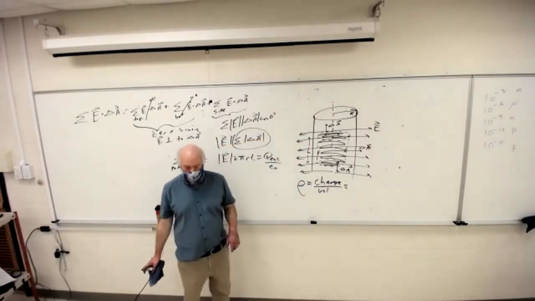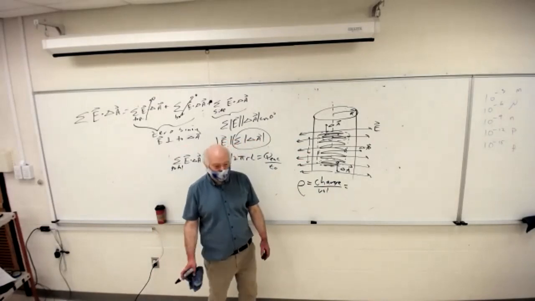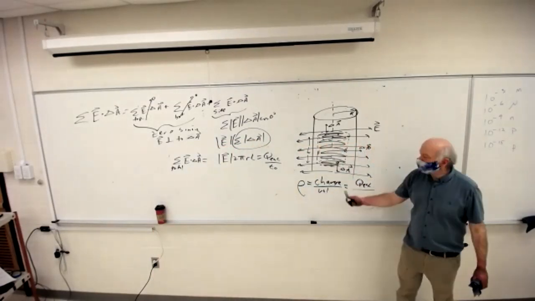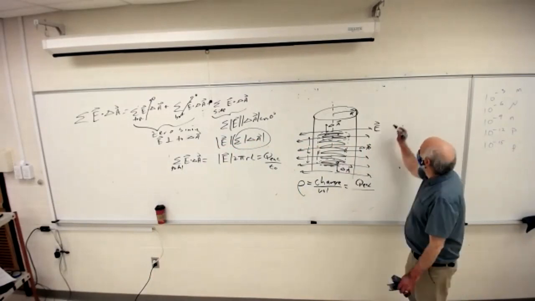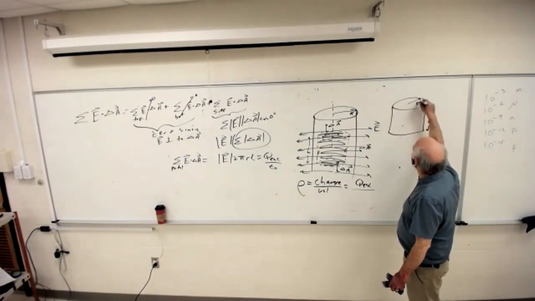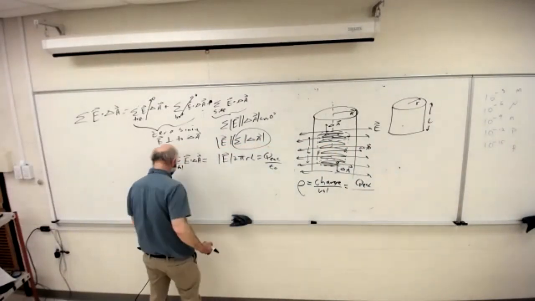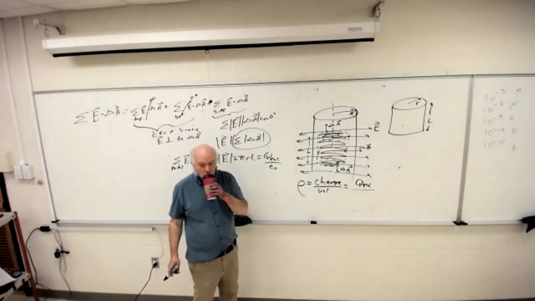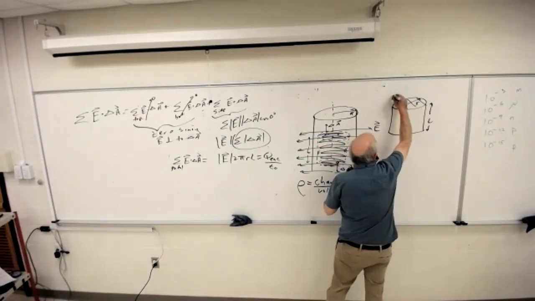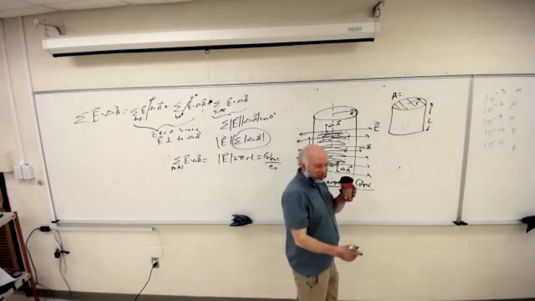What is the charge enclosed inside our Gaussian surface? Q enclosed. Now you need the volume of a cylinder. What's the area here? Exactly, this is our pi r squared.